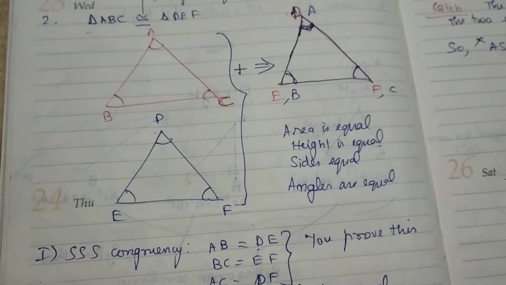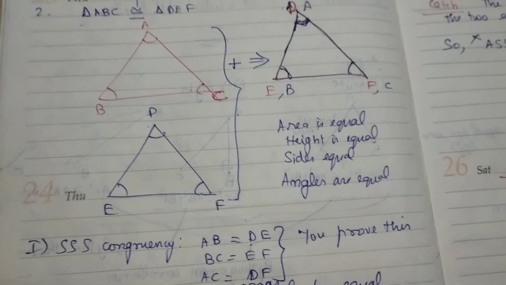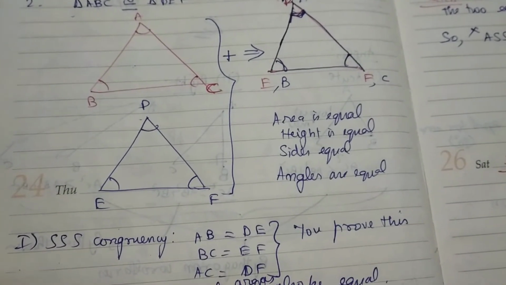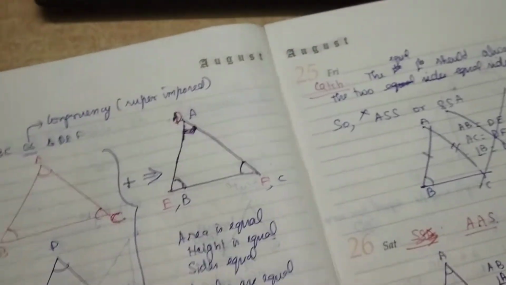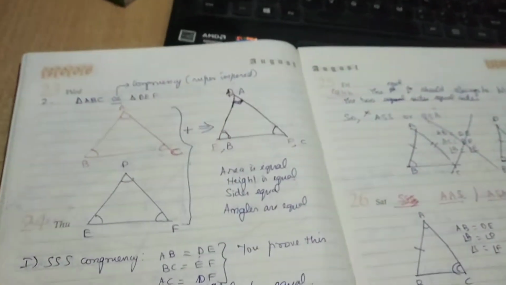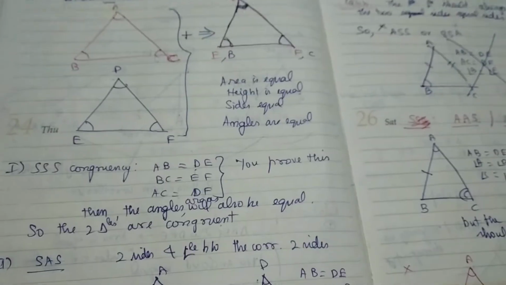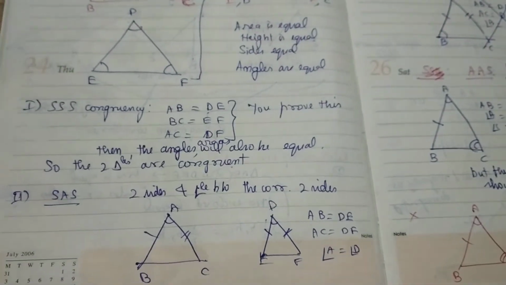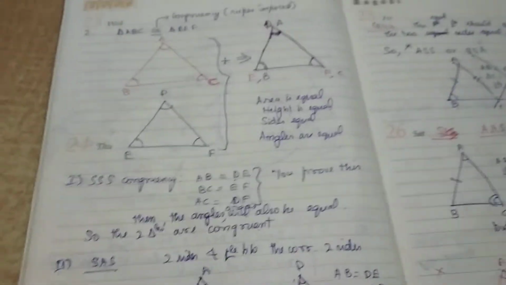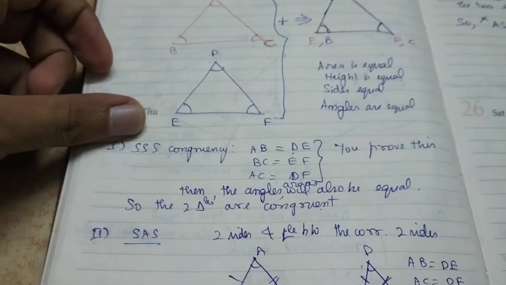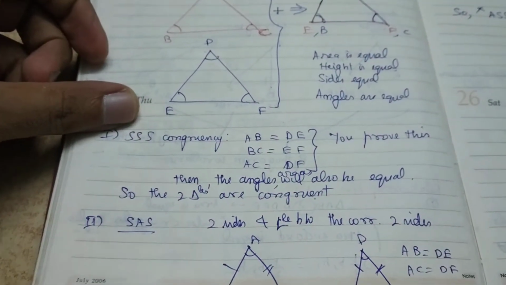So how do you prove congruency? Okay. So there are totally three ways in which we can prove two triangles are congruent. The first congruency will be SSS congruency, side congruency.